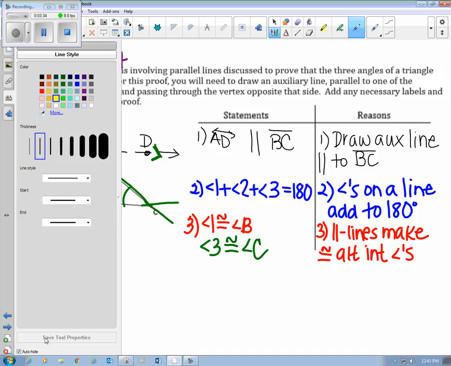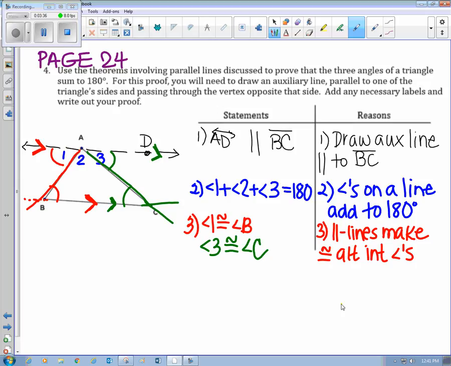So in my proof, I can see that I'm supposed to say, as my proof line, according to what they say, that the angles inside the triangle add to 180. So in my particular picture, it's going to be that angle B plus angle 2 plus angle C has to add to 180.